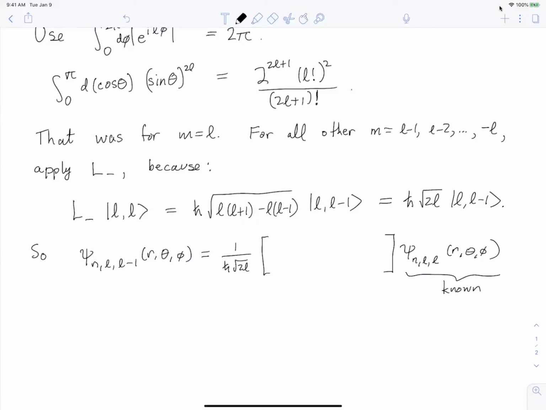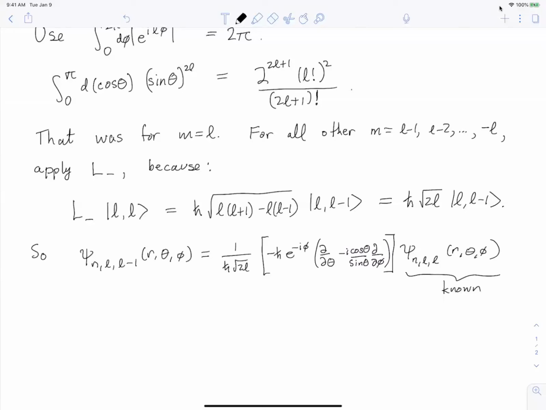And what goes in the box is minus h bar e to the minus i phi partial theta minus i cosine theta over sine theta, partial with respect to phi. That was the differential operator form of L minus.